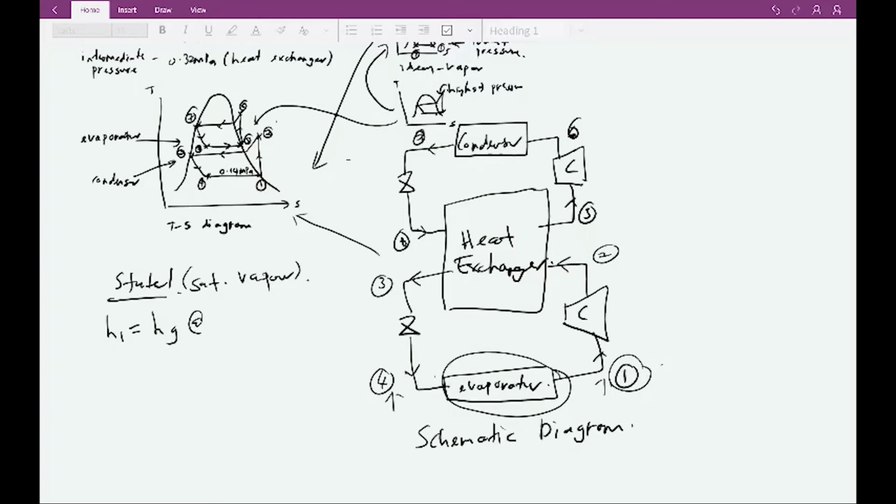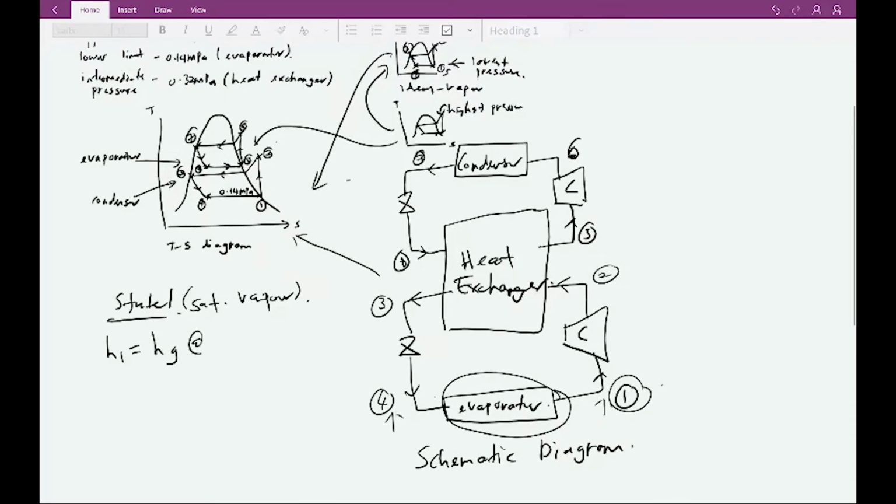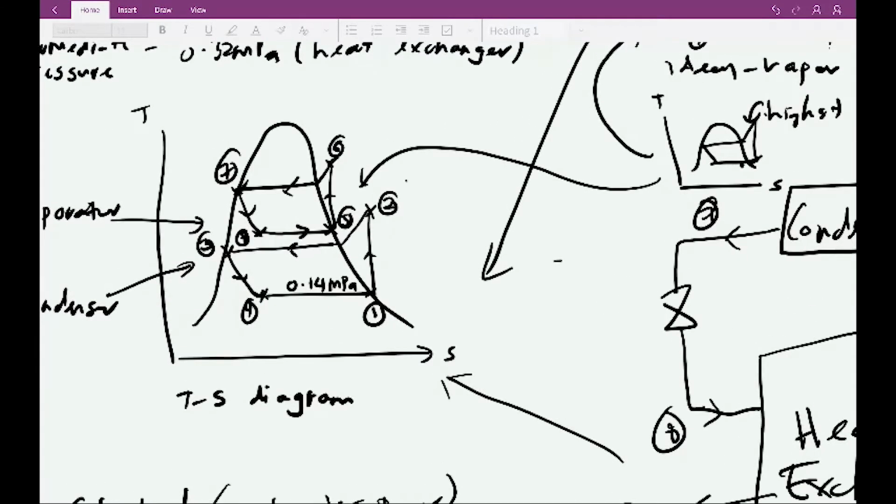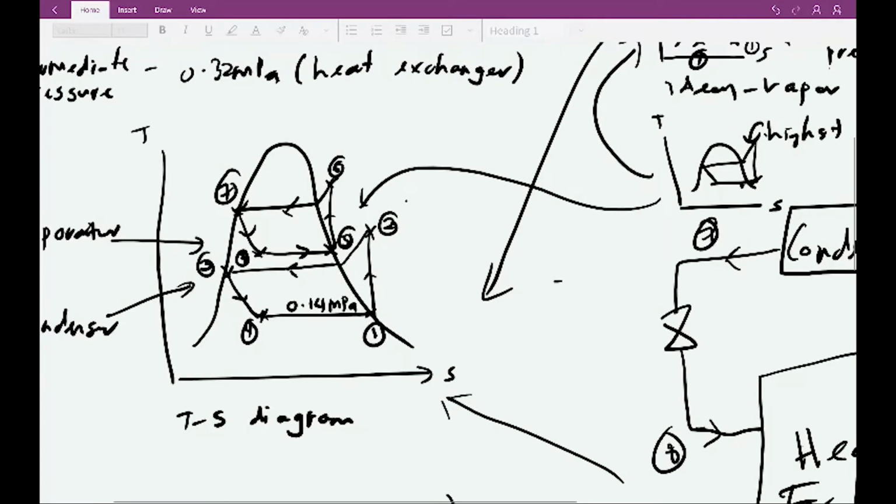So what is the pressure? We refer back to your TS diagram. Your evaporator pressure is 0.14 megapascal, while your intermediate pressure, which is state 2, state 5, state 8 and also state 3, all of them is 0.32 MPa.